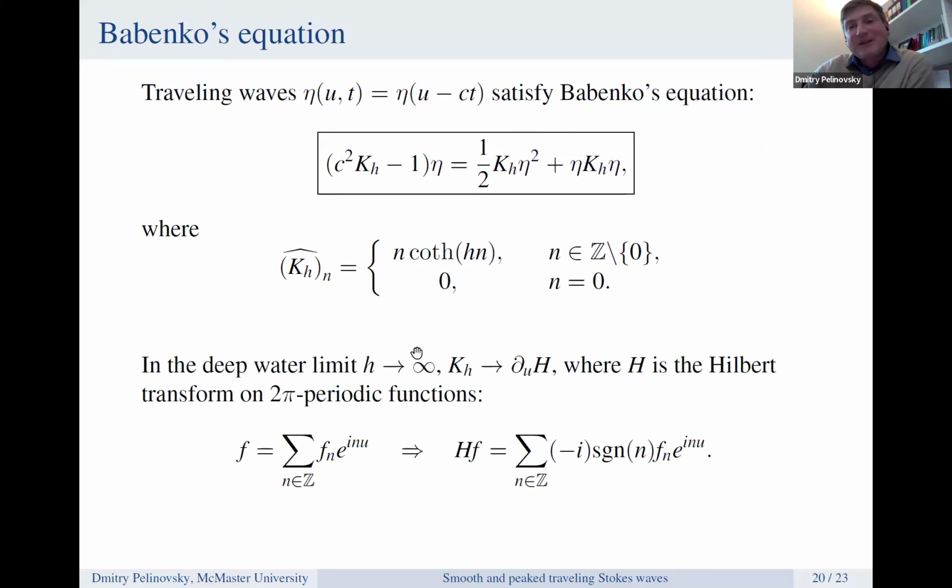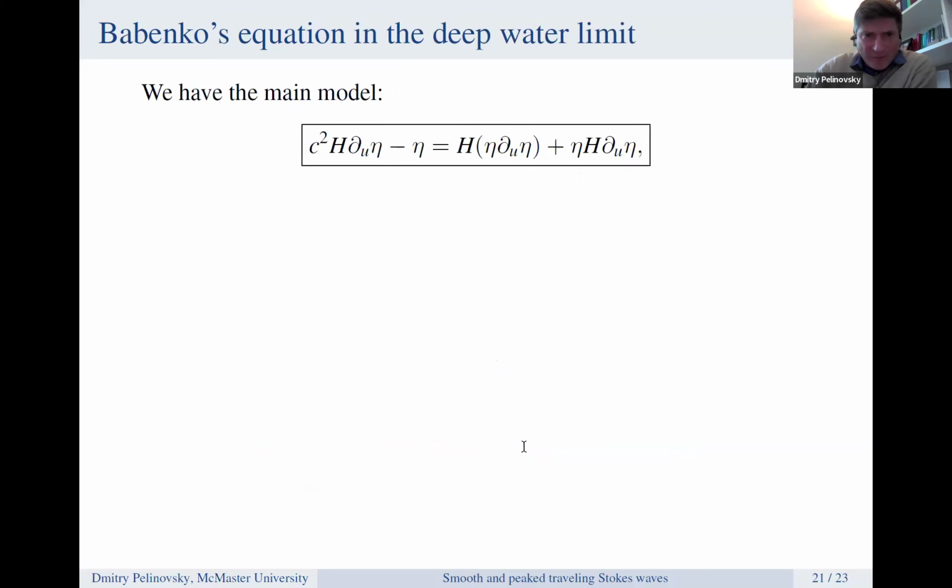So we inspected this Babenko equation in the deep water limit. It is a non-local equation in the deep water limit, but the non-locality is well known. It's the derivative and Hilbert transform, which is very well defined with respect to Fourier series. So in this case, the model can be rewritten in this way.